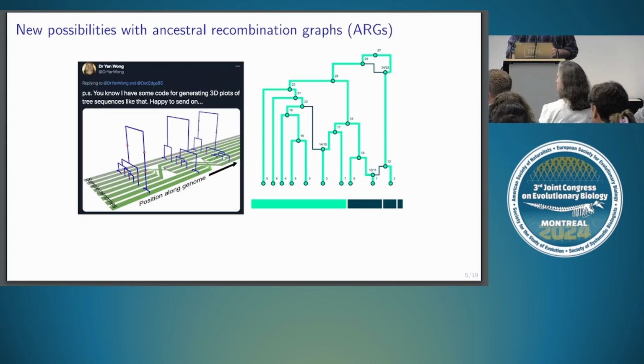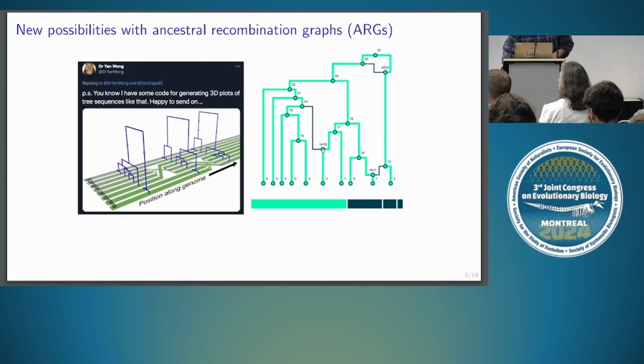And the reason I'm in this network symposium is because you can weave together all these trees into what's called the ancestral recombination graph, where we not only have these coalescent nodes as we typically think about, but we also have these recombination nodes where the lineage history splits and part of the genome goes to the left, part of the genome goes to the right.